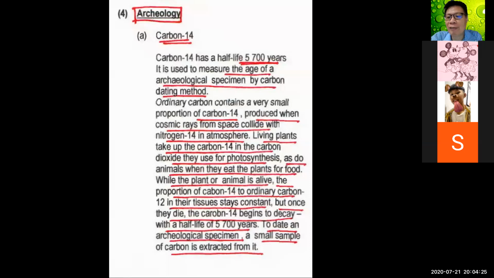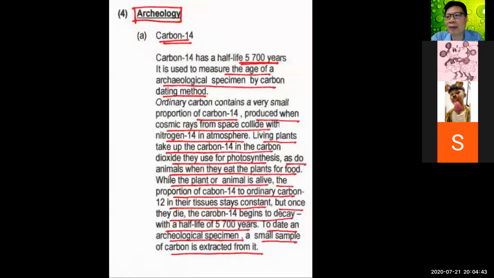It will stay constant in our tissue. Yes, correct. It will stay constant while we are still alive.